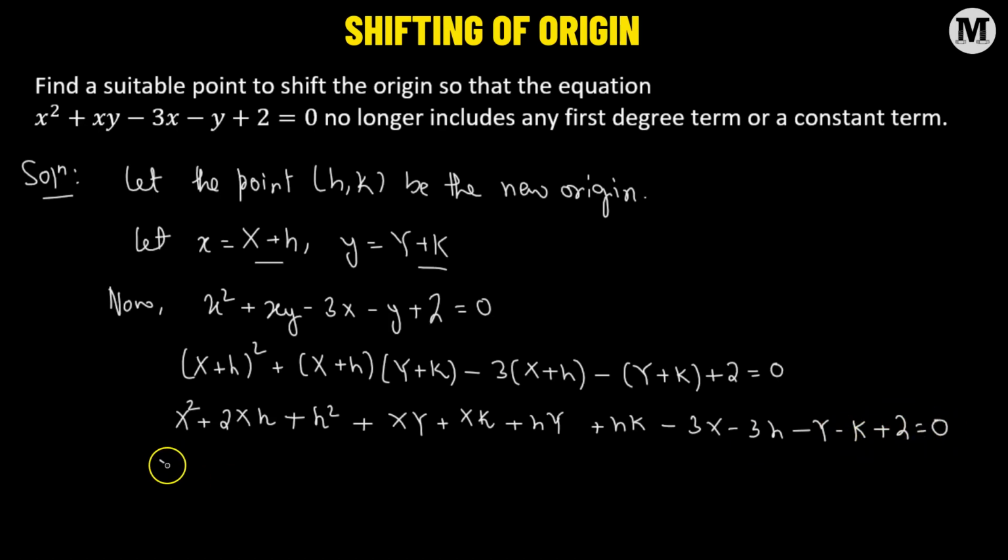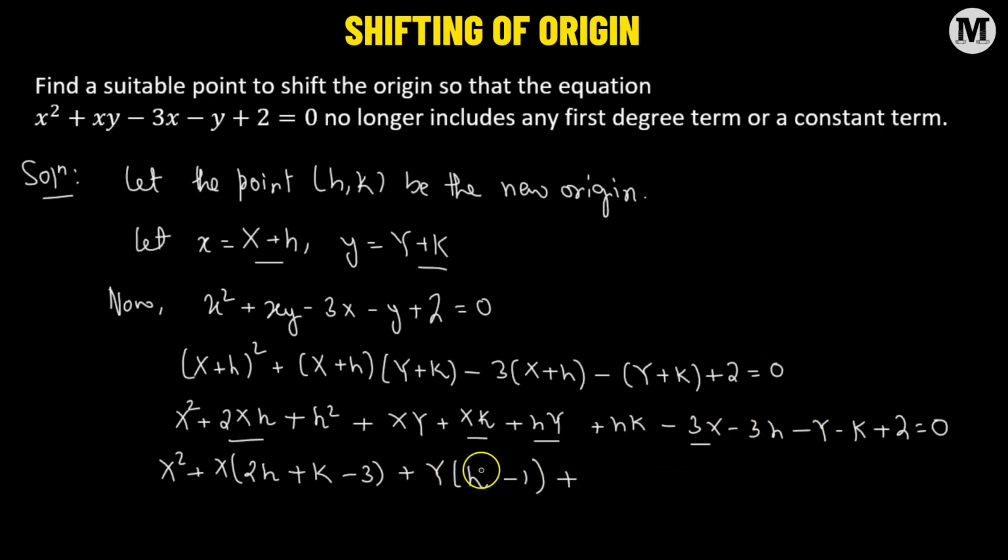So here we have x squared. We're going to combine the terms. Let's take x as the common factor: 2h plus k minus 3. Then we take y as the common factor: h minus 1.